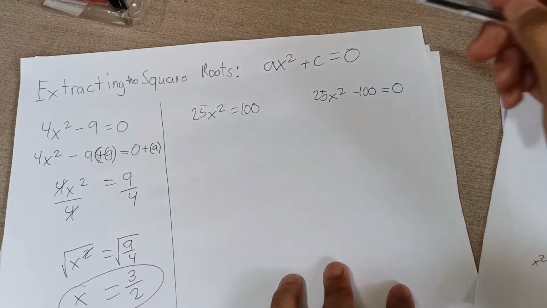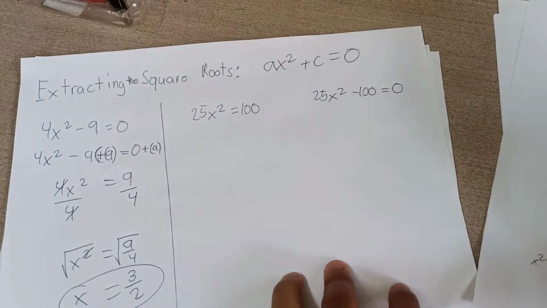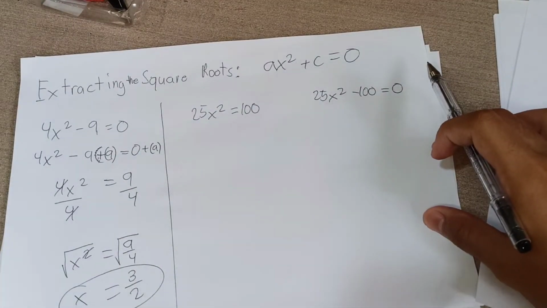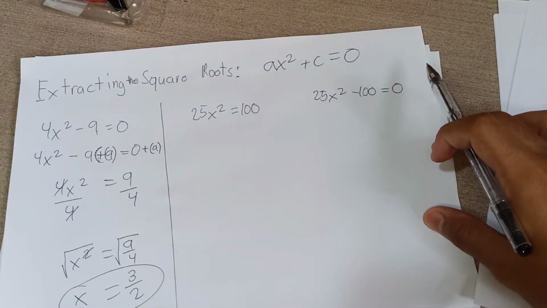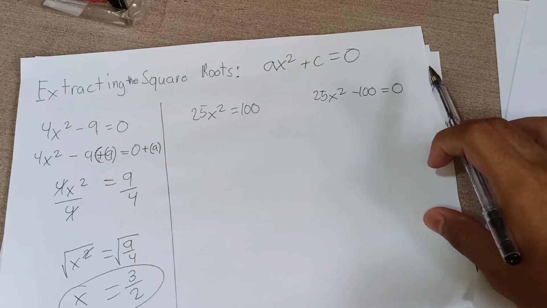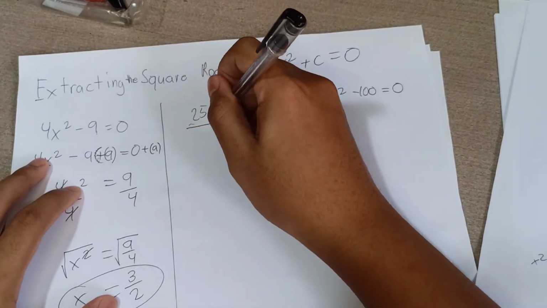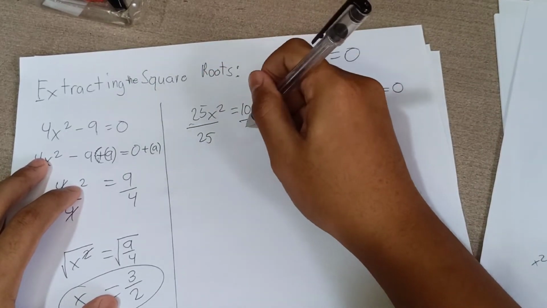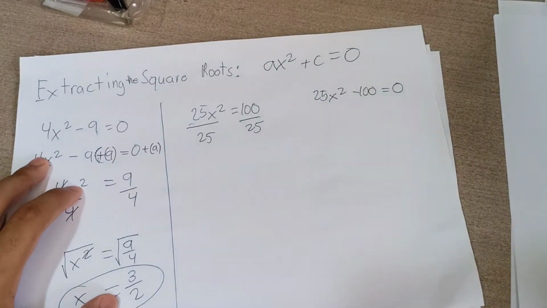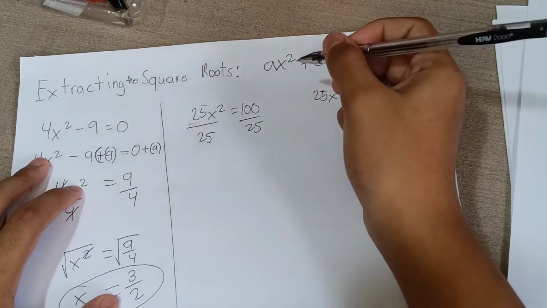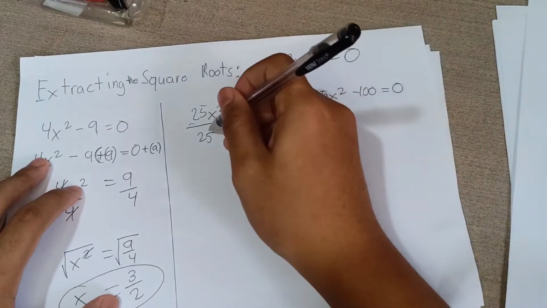So let's proceed to solving this. Our goal is to isolate x squared. So our only step is to divide both sides by 25. After dividing by 25, the 25 coefficient will be removed.